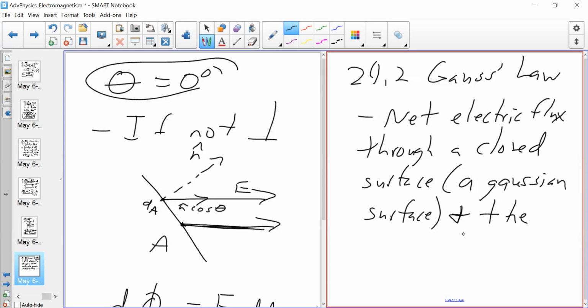I can find out what the flux is through that surface, and determine the area of the surface. You have to have some kind of surface for flux. That's why flux is important to understand. So net electric flux through a closed surface, a Gaussian surface, and the charge enclosed within that surface is basically Gauss's law.